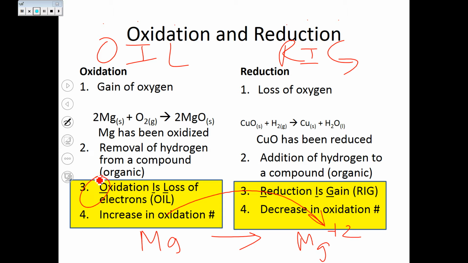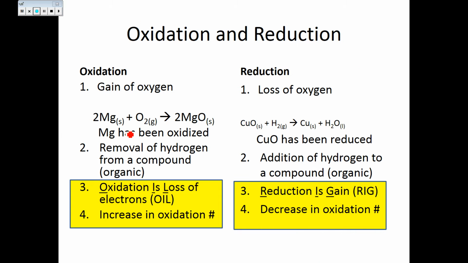On the converse side, reduction is a decrease in oxidation number. So for example, if you had Cl -1 and it became Cl2, its oxidation number is going from -1 to 0. Actually, that's oxidation, my bad. Let me find a different one.